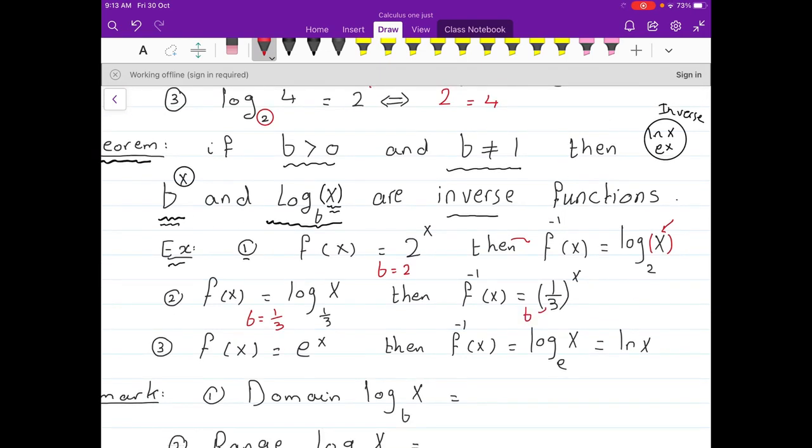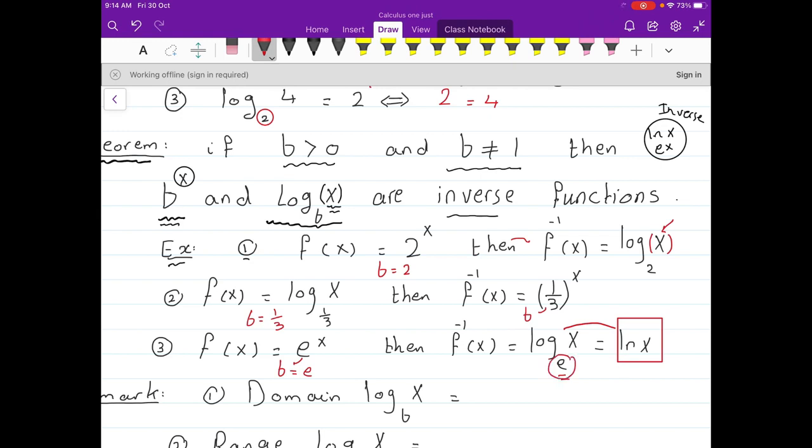When we have f of x equals e to the power x, b equals e. So the inverse is log x for the base e, but we write this function as ln x. So when you have ln x, that means the base is e.